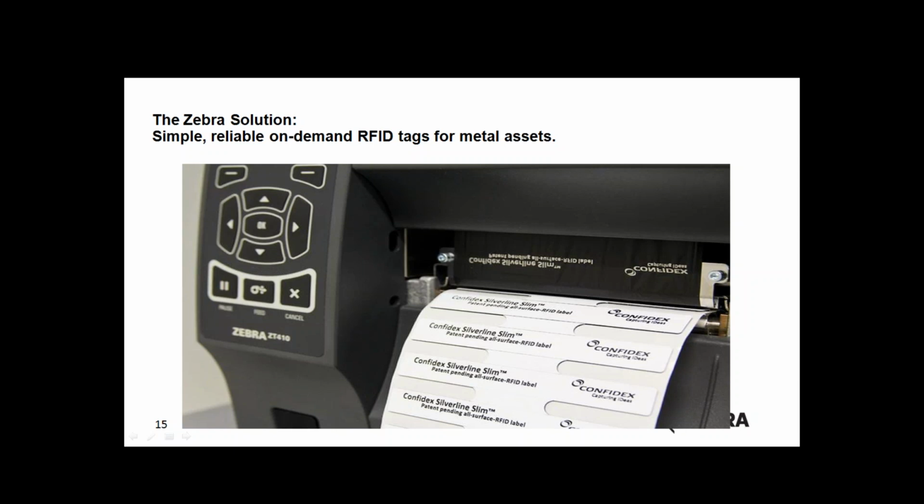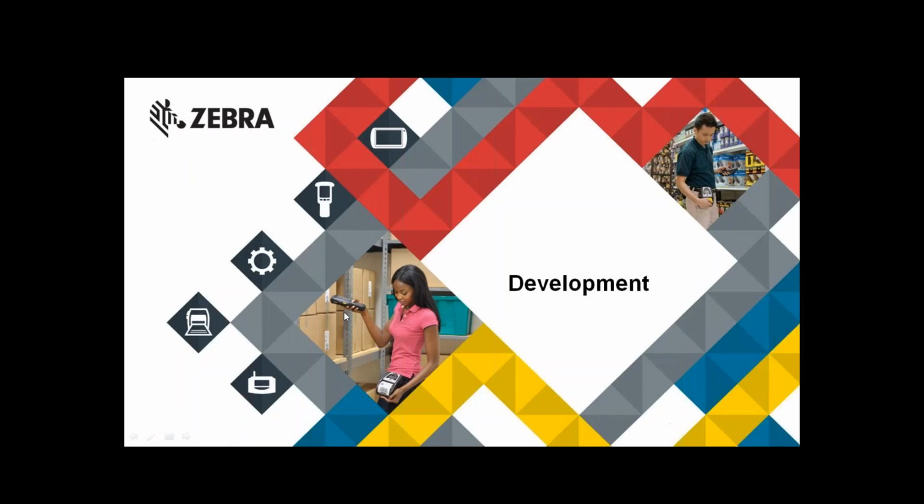Okay, all right. So that was just the basic foundation of what RFID is, what we have in the portfolio, and all of that good stuff. Now let's move into the development side of things, which is really what interests us as developers.